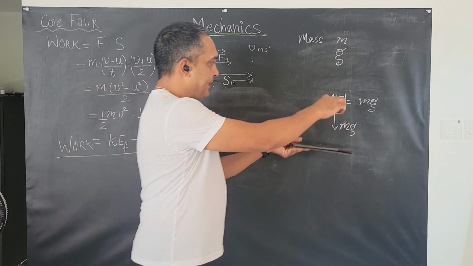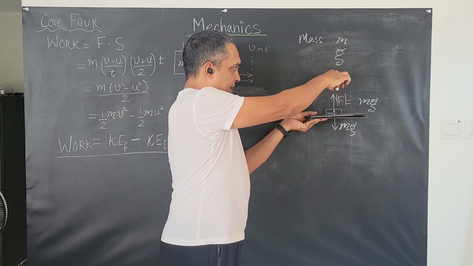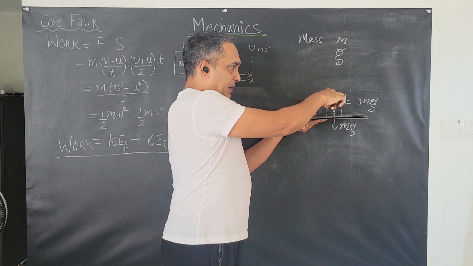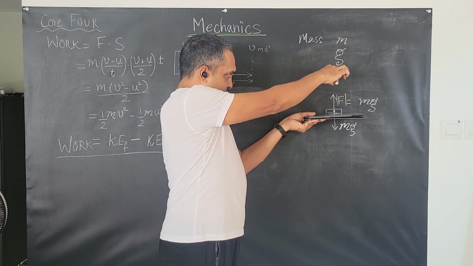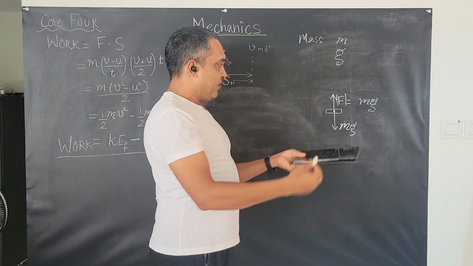Now what happens if I lift it up here? So when I lifted it up here, there was force that was holding it, and then I'm lifting it up, and I drop it, so it comes down with a particular velocity.